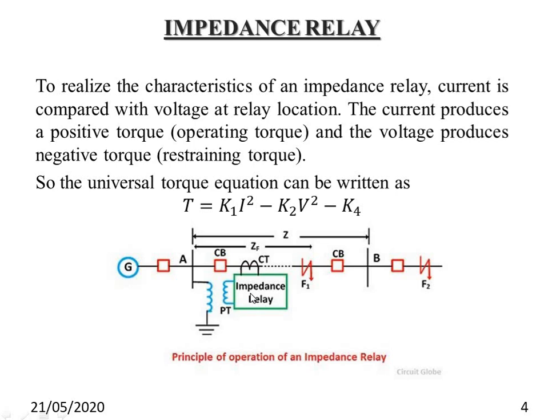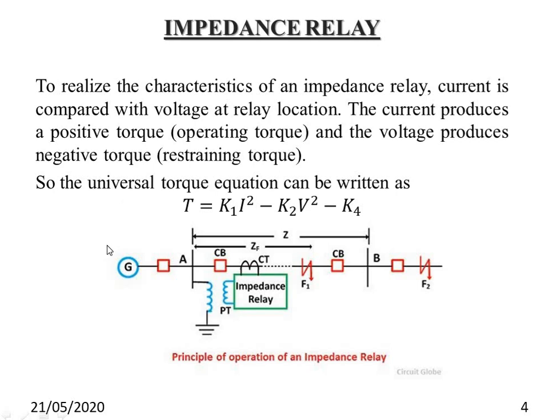That is why it is called an impedance relay. Similarly, if a relay measures the reactance up to the fault location, it is called a reactance relay. If a relay checks the admittance of the line, that type of relay is called an admittance relay.